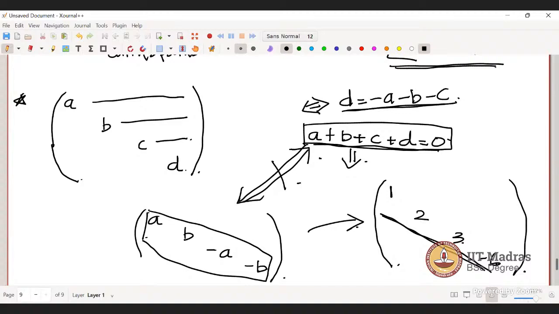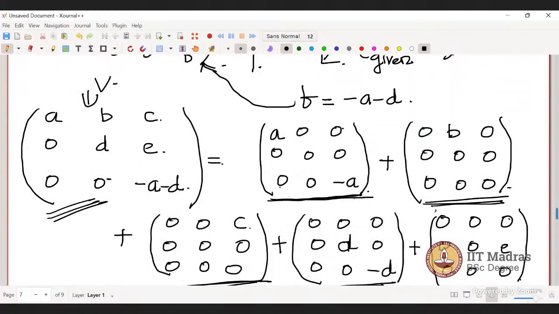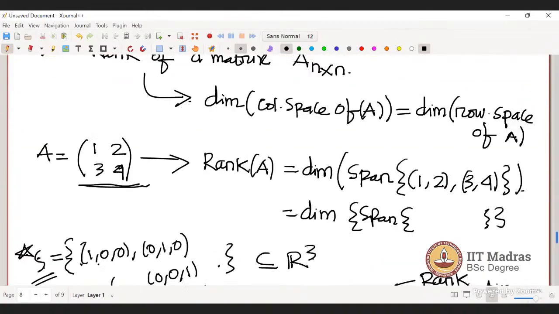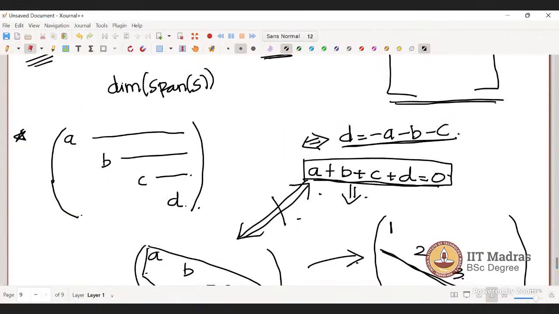Sorry, it's really long. I cannot, because I have explained it clearly for the 3x3 case and it is the same procedure. We only need to change, in place of D, you need to replace it with minus A, minus B, minus C. Okay, sir.